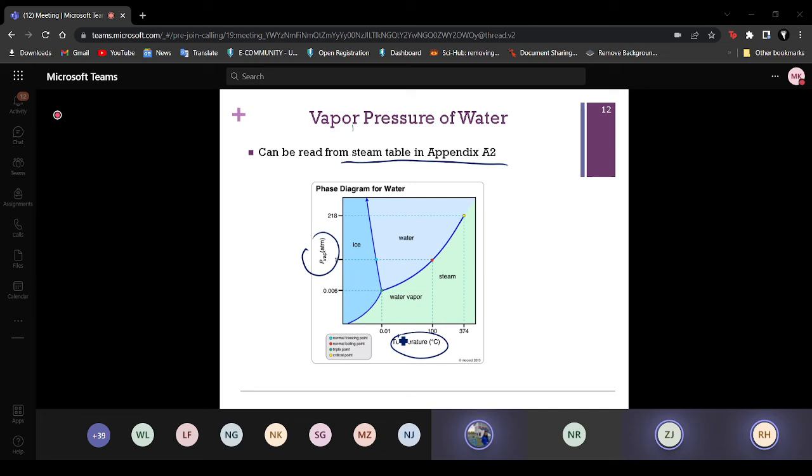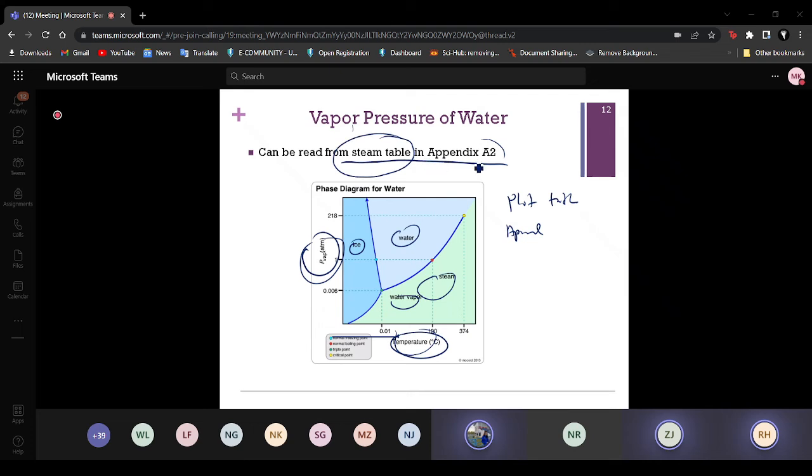If you have phase diagram, for example, of water, you ada liquid, you ada solid, and you ada a gas stream. So how the phase change depending on the temperature, also the vapor pressure. So this one is basically plot. You can ada plot ataupun table dekat you punya appendix. Dalam appendix you ada, dia produce as a steam table.